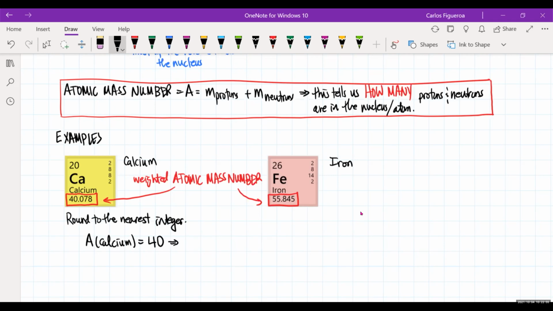That means that there are 40 protons and neutrons inside calcium's nucleus. When I look at iron, it's closer to 56 than it is to 55. So when I round, I say, okay, the atomic mass for this guy is 56. So that means that I have what? 56 protons and neutrons inside that nucleus. That's what I mean by the atomic mass.